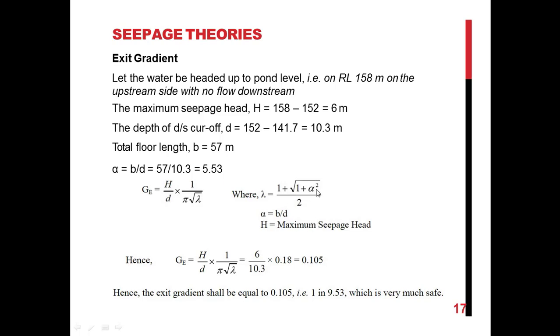Putting this value in lambda equation, we will get the value of lambda, which is 0.18, and H is equal to 6, and D is equal to 10.3. We will get the value of GE, which is exit gradient, equal to 0.105. Hence the exit gradient shall be equal to 0.105, that is 1 in 9.53. So this is very much safe value.